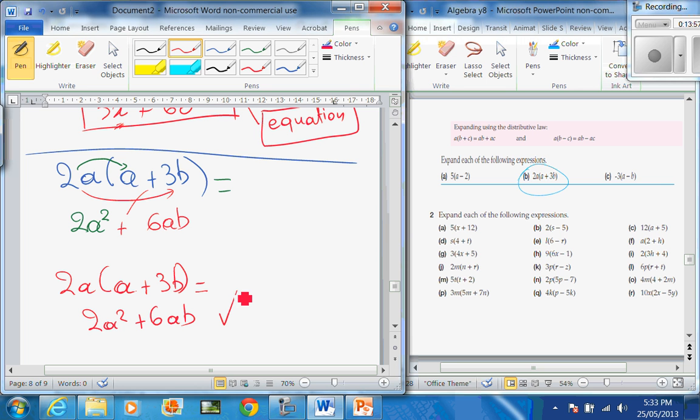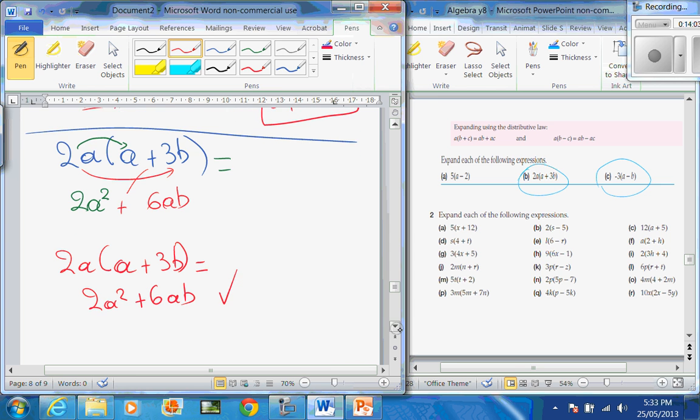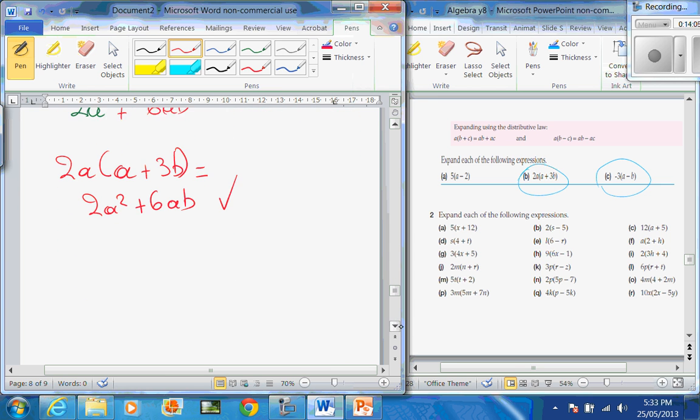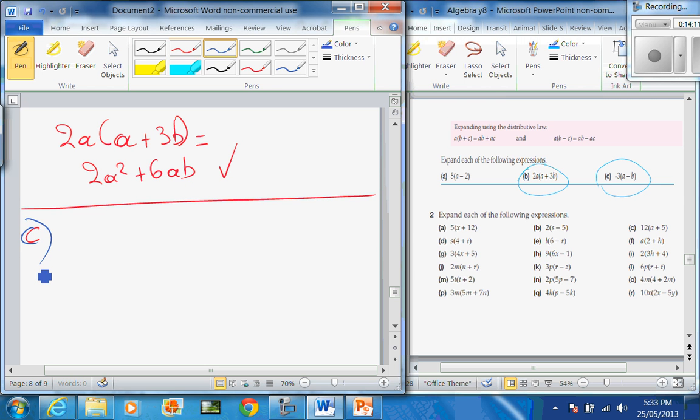Let's see example number 3. It says minus 3 and in the brackets a minus b. It is like using numbers: just the same operations, just the same tricks, the negatives and the positives.